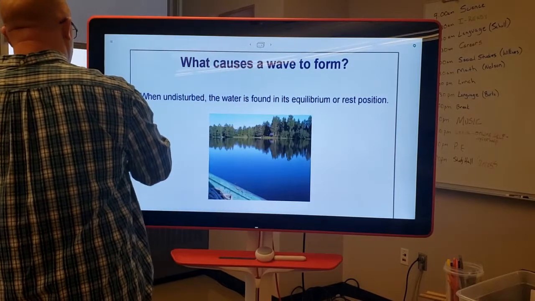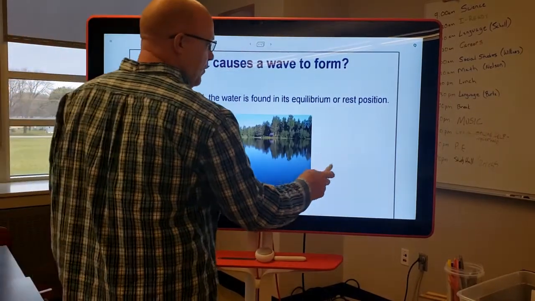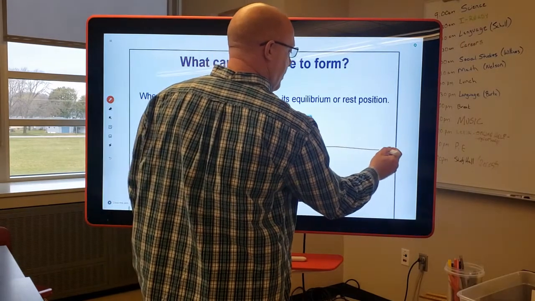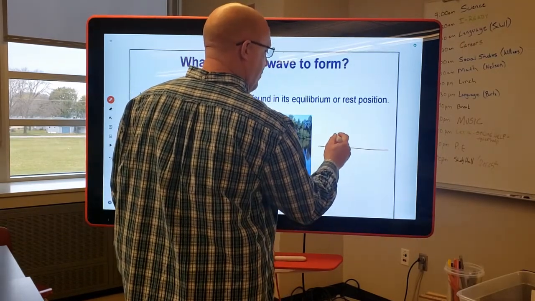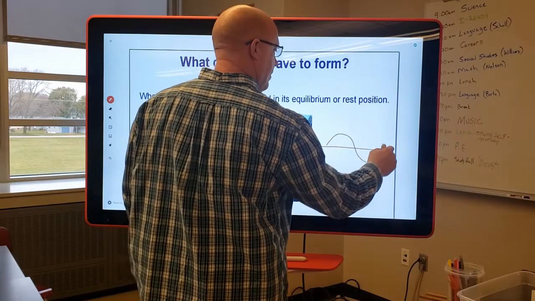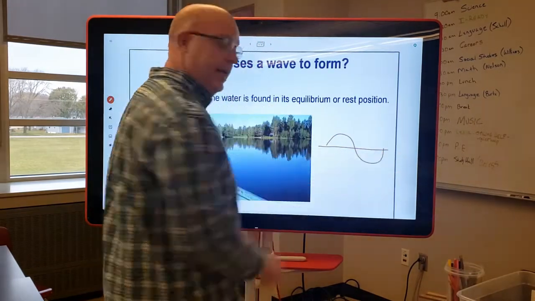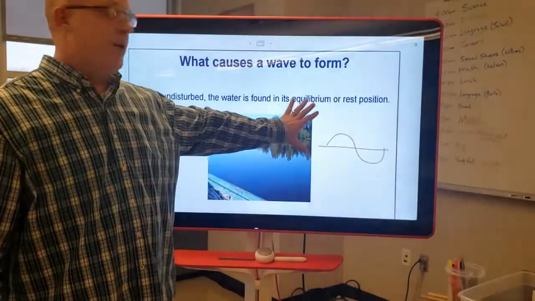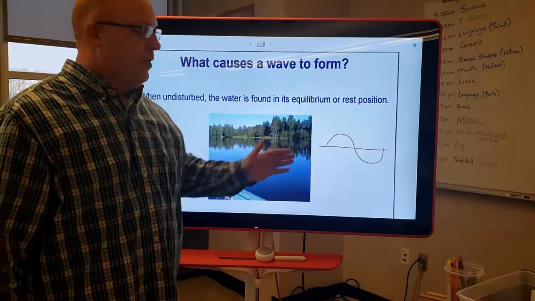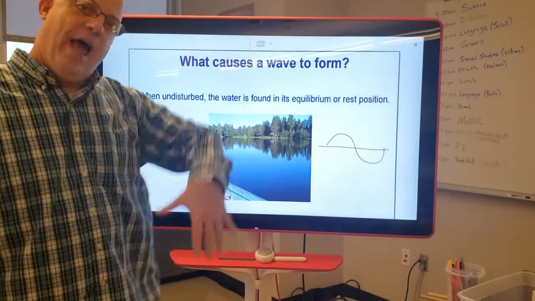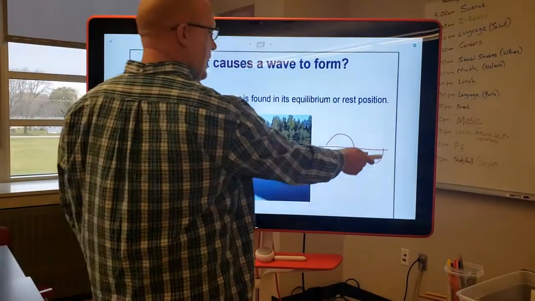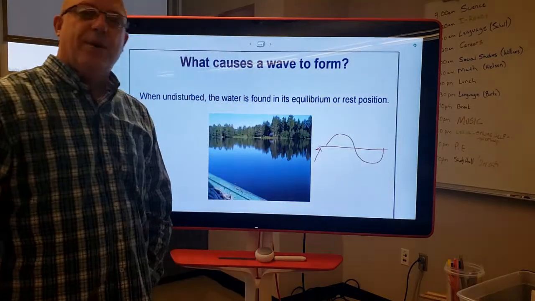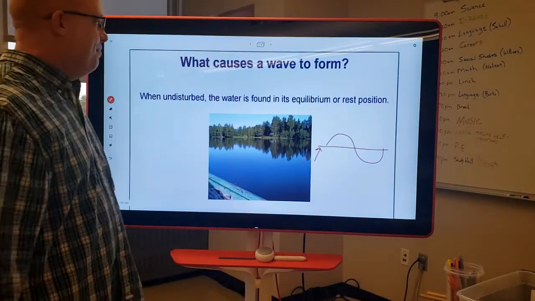So equilibrium really, if you look at a wave, if I draw this line here in the middle, and I draw a wave on it, do you see how that line is in the middle? That's what we mean by equilibrium. It's the line where half of the wave is above it, half of the wave is below it. So this line here is equilibrium. That's going to come up.